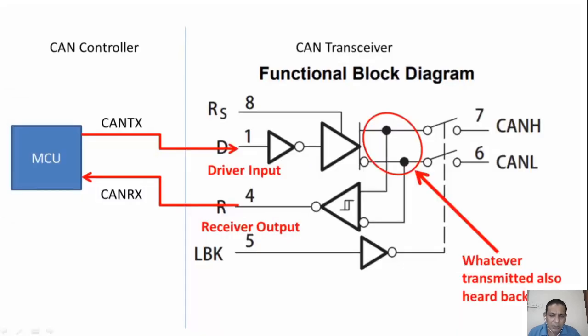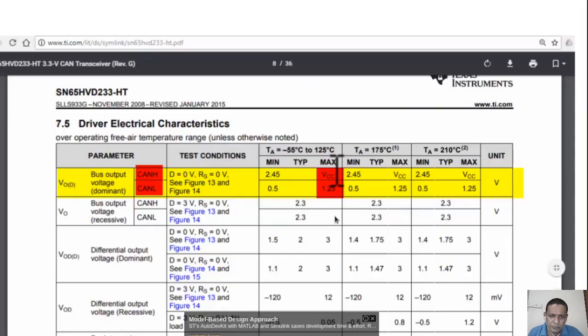And similarly, if it is 1, both CAN high and CAN low will have 2.5 volts, and the difference is 0 volts, and the transmitted data will be fed back to the microcontroller unit. So that is for an error checking and correction mechanism that we are using this.